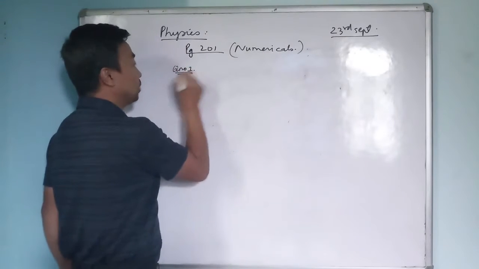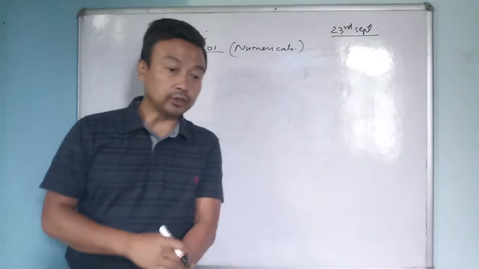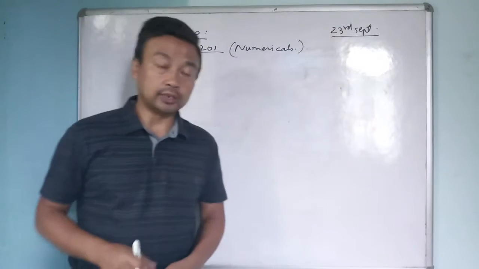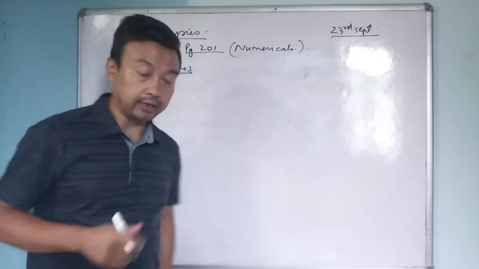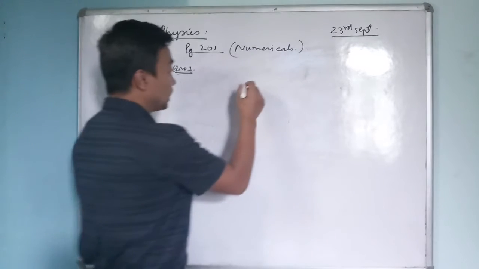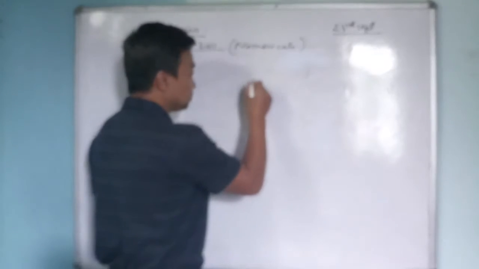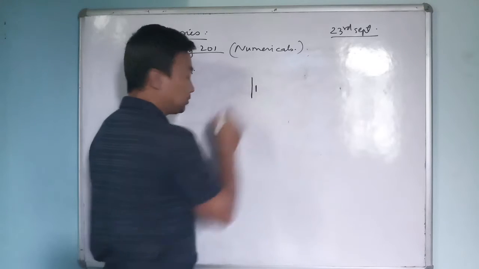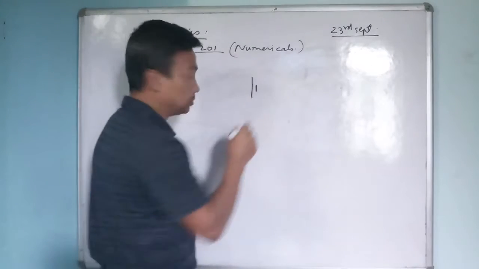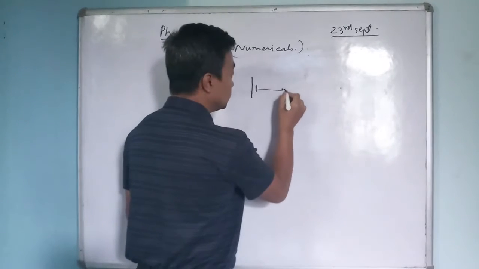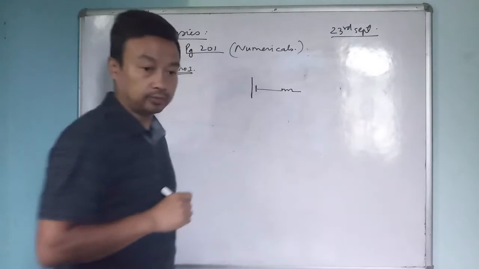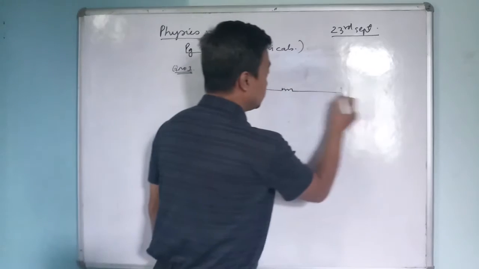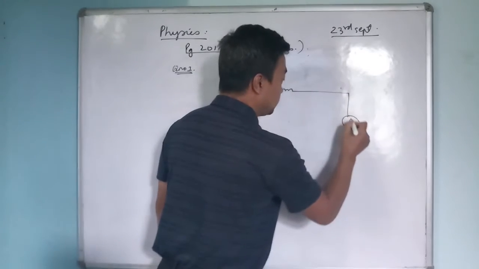Question number 1. In the first question there is a setup given to you. I'll just make the diagram. In the diagram you have a battery. This is a battery with the positive and the negative terminal, and inside that there is an internal resistance. It is connected to the ammeter.